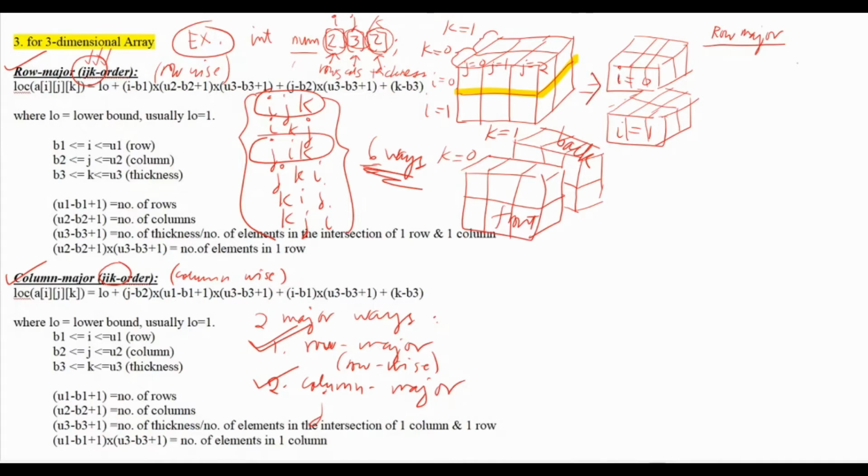This is your I equal to 0, and the bottom is your I equal to 1. After we have listed all the elements in the first row, we move to list all the elements in the second row. After considering one row, next we consider the column. So we move from the first to the last column.